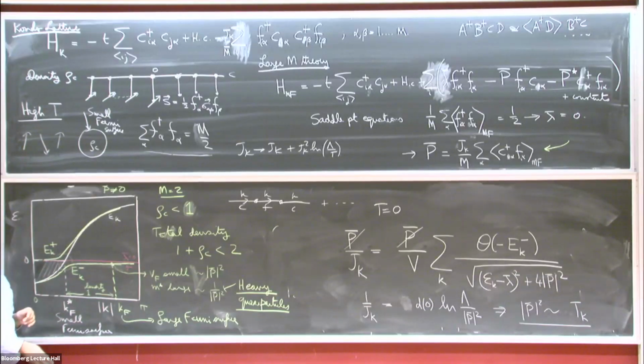The question I want to ask is: suppose I'm at zero temperature and I lower JK. Then there has to be a phase transition between this Fermi surface and this Fermi surface, if such a state is possible. And that phase transition is always a phase transition that involves gauge fields. It's some kind of Higgs transition in the gauge theory.